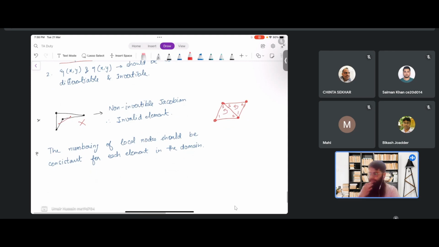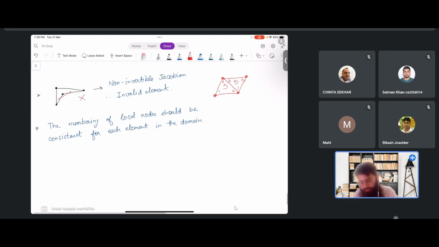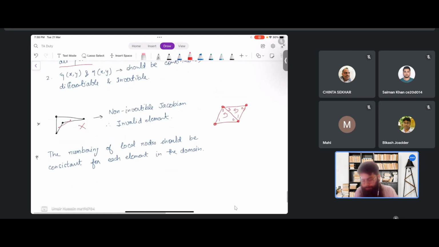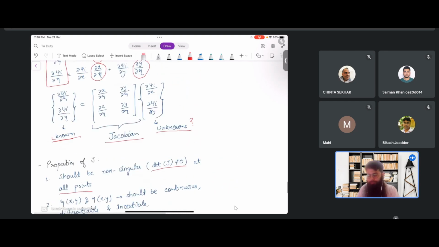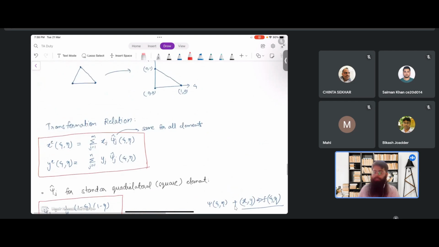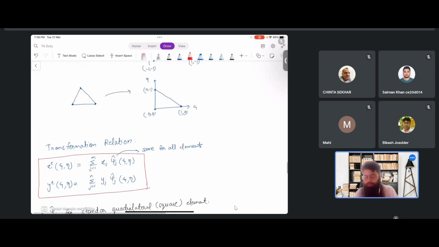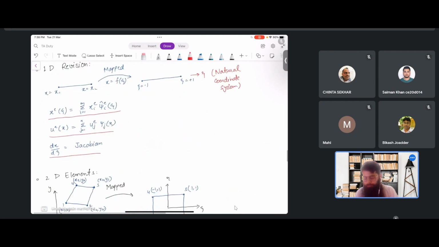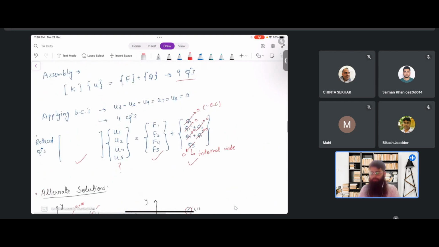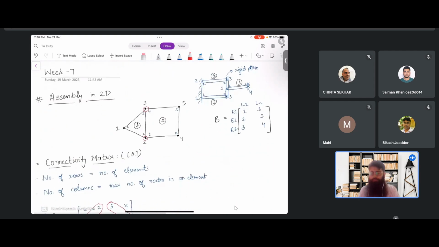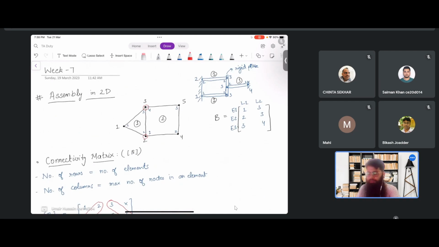I think this was it for this week's content. We studied mapping our element from the given coordinate system to the natural coordinate system. If there are any doubts, please we can address them now. Otherwise, we'll move on to the problem discussion session.